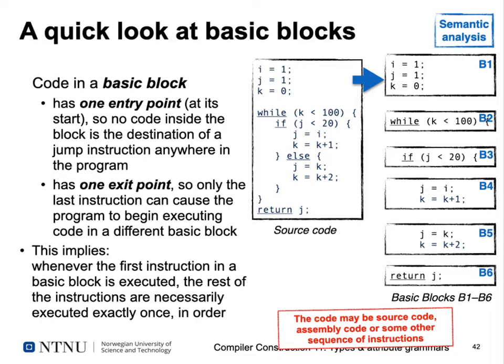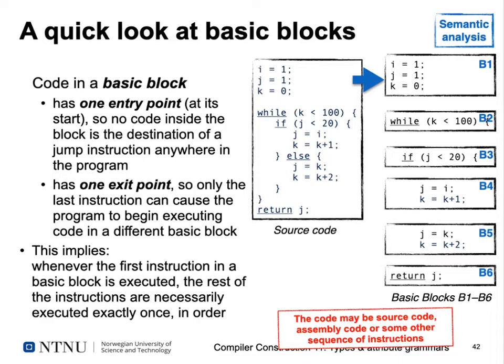So when you jump to that basic block, the only point you can jump to is its very first instruction. That means no code inside of the block is a destination of a jump instruction, neither from inside of the block, nor from anywhere outside of the block, so anywhere else inside of your program.